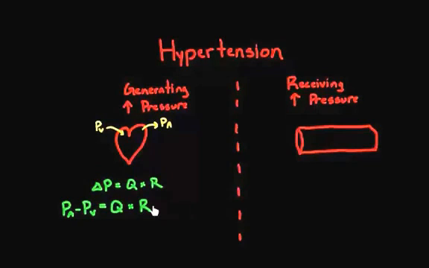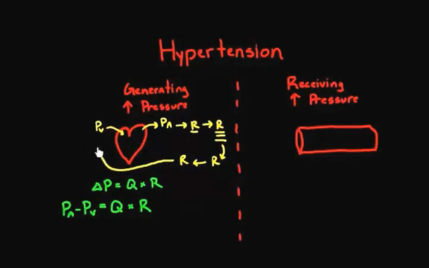And specifically, let me actually draw out some of this resistance. You have, of course, resistance once it gets into the arteries, and so you've got some R resistance there, and then you've got more resistance once you get into the arterioles. And in fact, I'm going to triple underline that one because there's lots of resistance in the arterioles. And then you've got resistance in the capillaries, and you've got resistance in the veins, and then you've got the blood returning into the venous side.